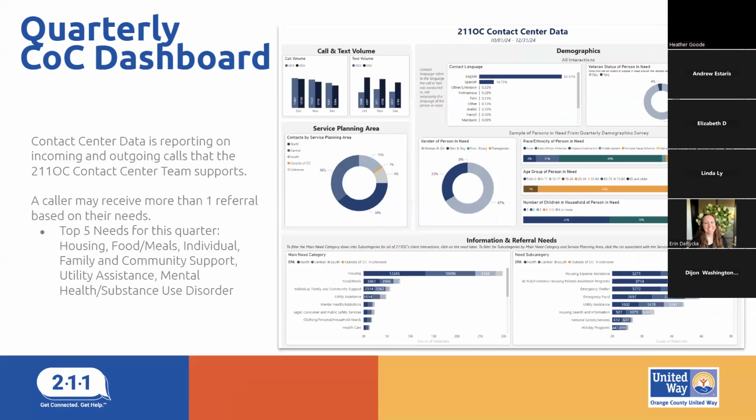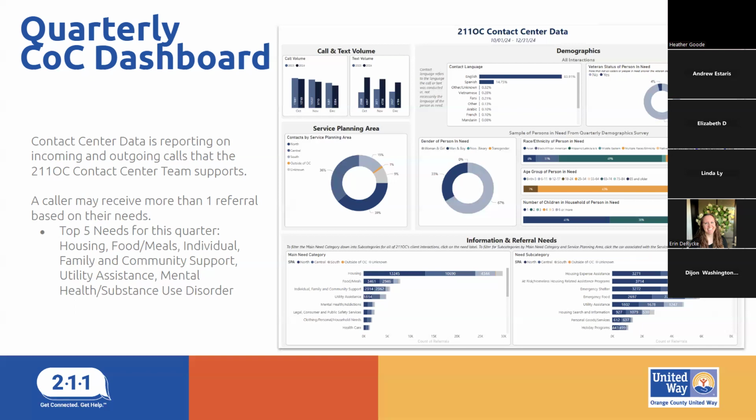The second and third pages of the COC dashboard are going to pull data from our contact center. So this first page is going to include all incoming and outgoing calls from our 211 OC contact center. It's also going to list the referral needs and demographic data of the callers.